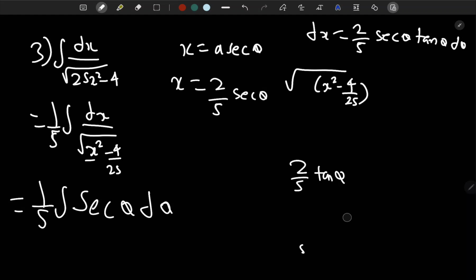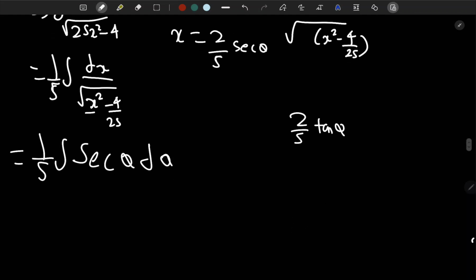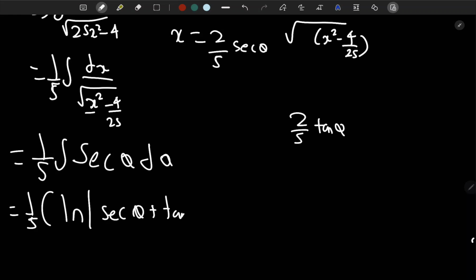So now let's integrate it. So as we know from before, the integral of secant is going to be ln of secant delta plus tan delta. So now again we need to replace our deltas back to what we have from x. So here let's make the triangle and write the secant in terms of x over something.